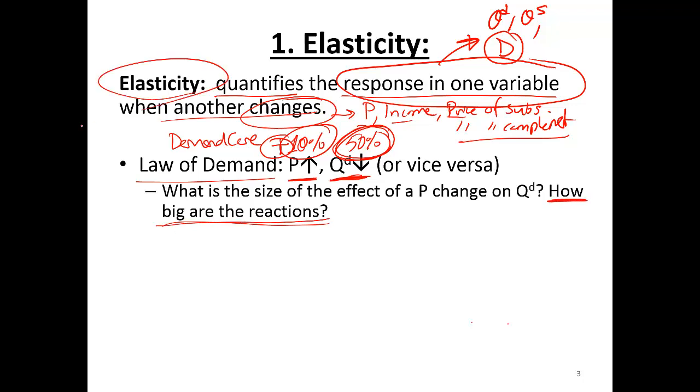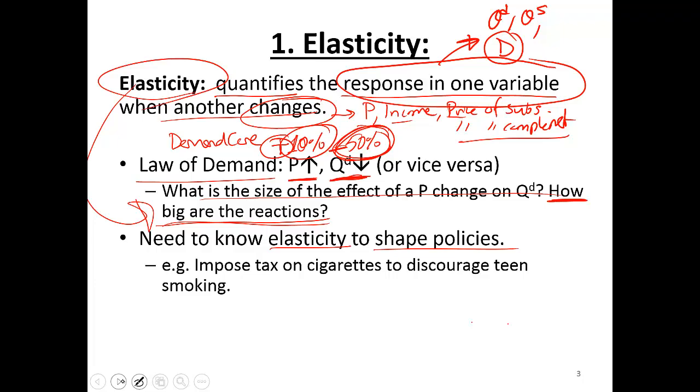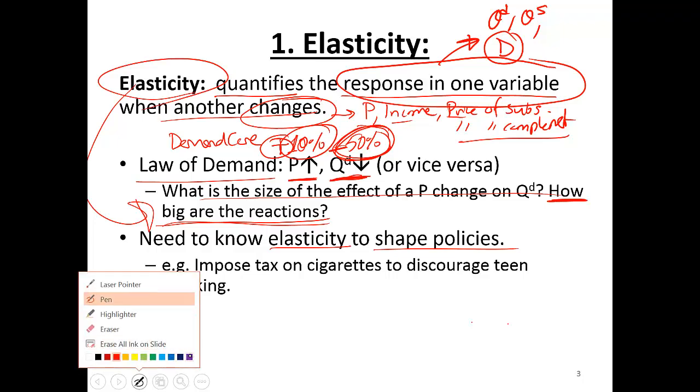If you know the elasticity of the good you're selling, you are good to go. You can make educated decisions on whether you should increase the price of the product you're selling. We also need to know elasticities of goods and services to shape government policies.